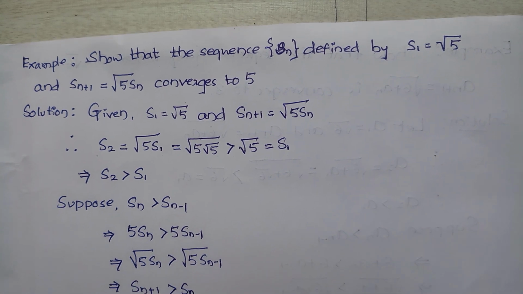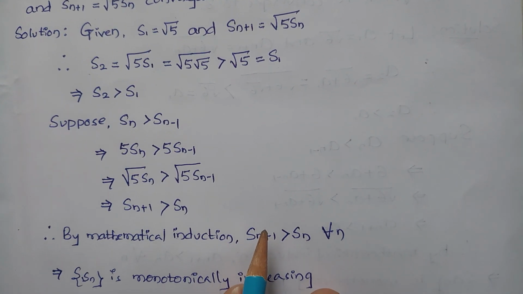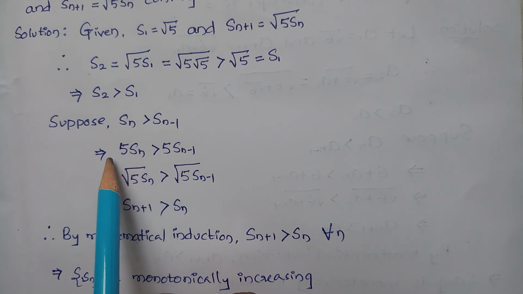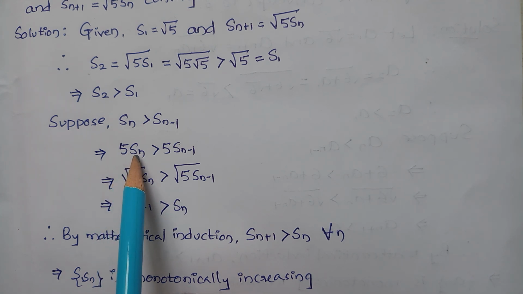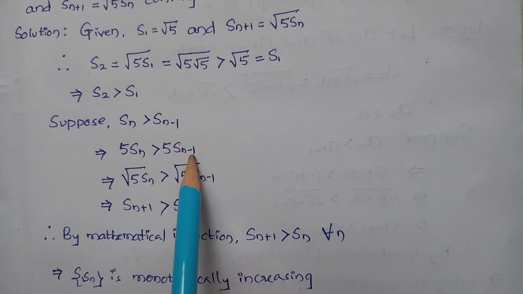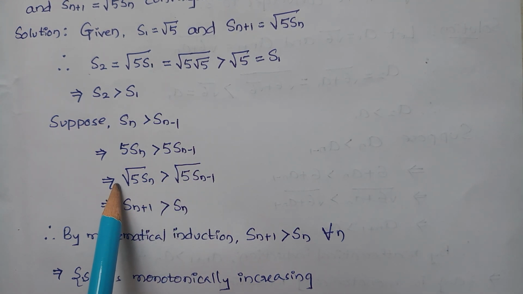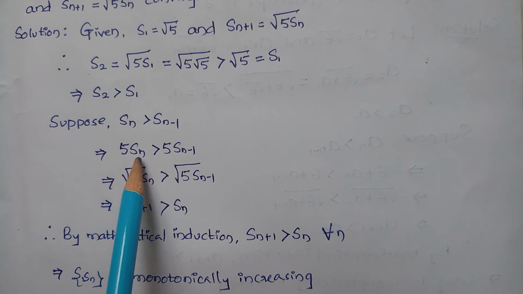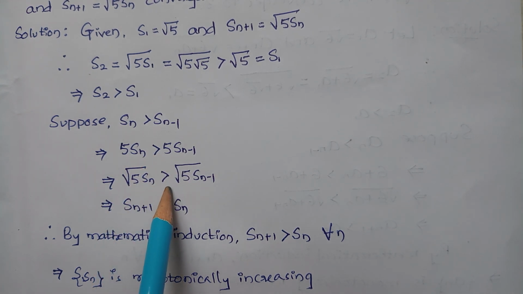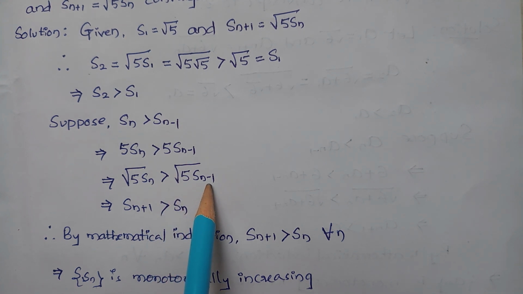Multiplying this equation by phi, phi Sn is greater than phi Sn minus 1. Taking root on both sides, root of phi Sn is greater than root of phi Sn minus 1.